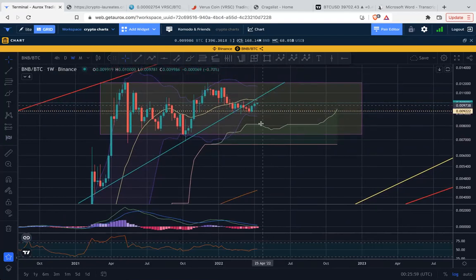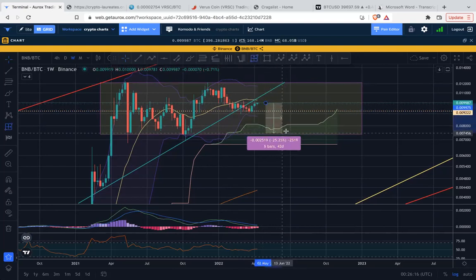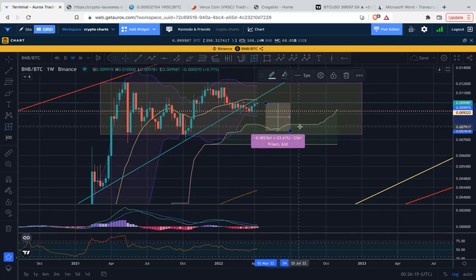If it can consolidate here, that's great. If not, it's going to push down lower to the Ichimoku cloud type of levels, maybe. That would be a pretty decent drop of about 20 to 25% for BNB from where it's at.